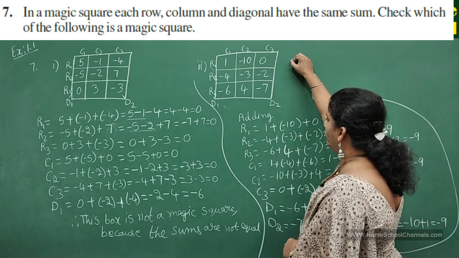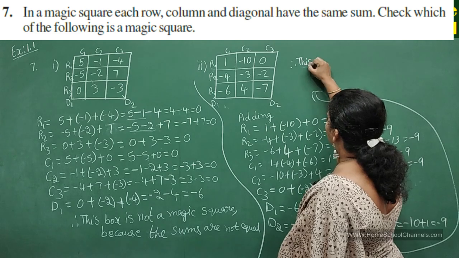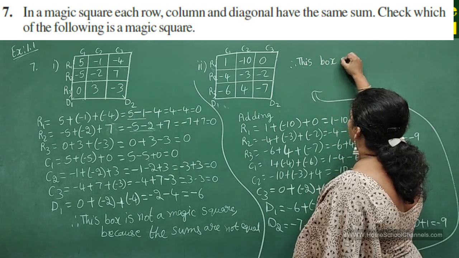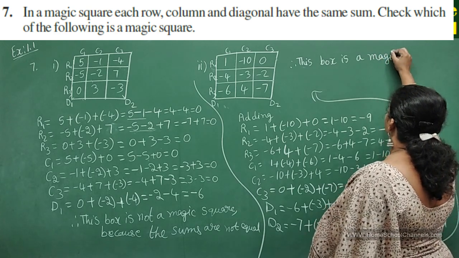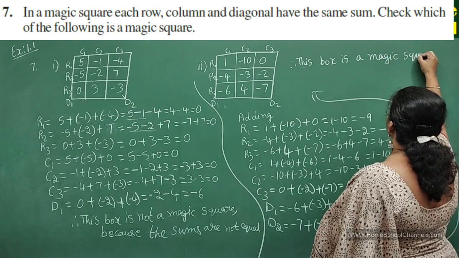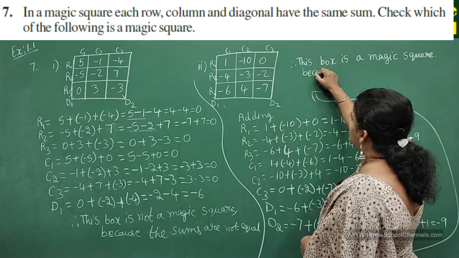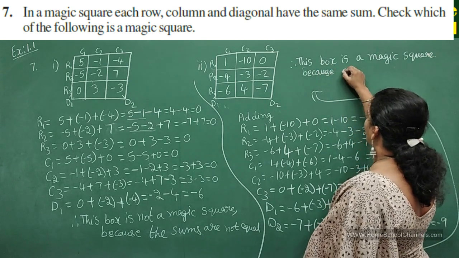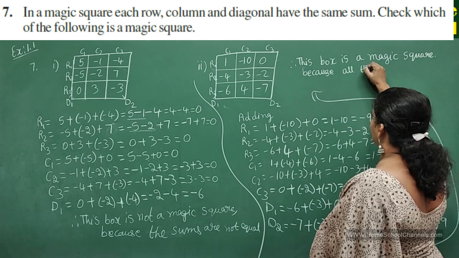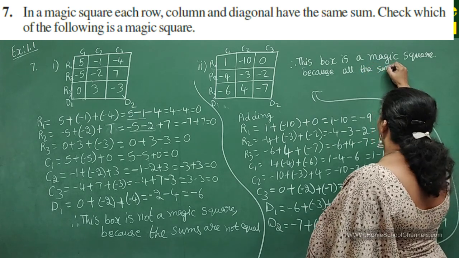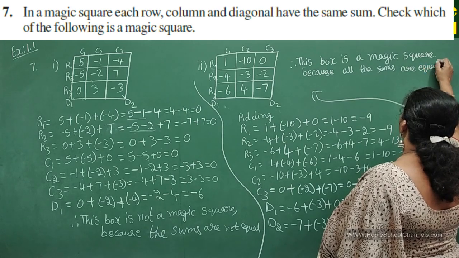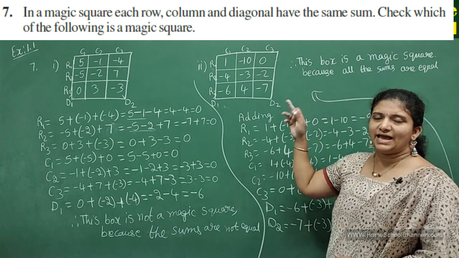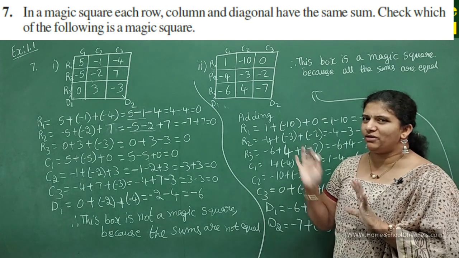So therefore this box is a magic square because all the sums are equal. All the sums means what? All rows, all columns and two diagonal sums are the same number.